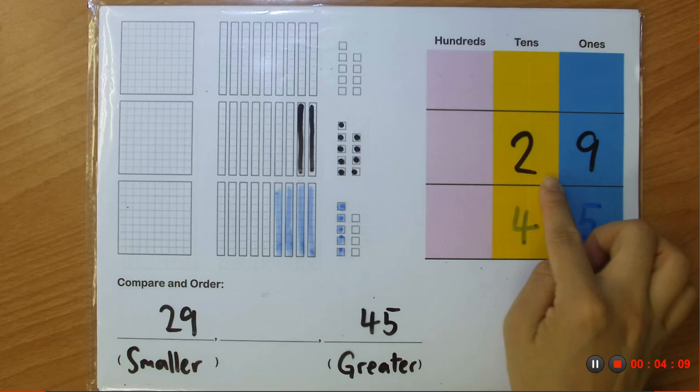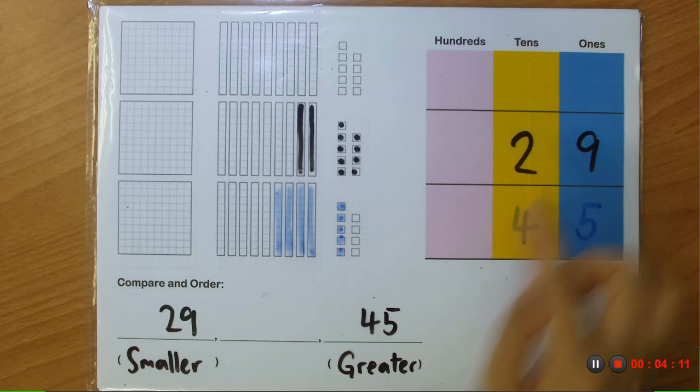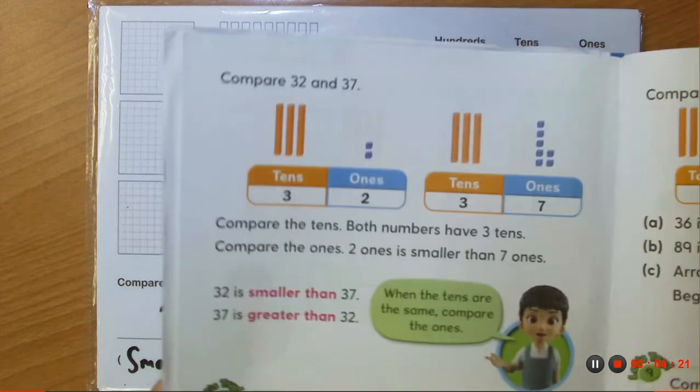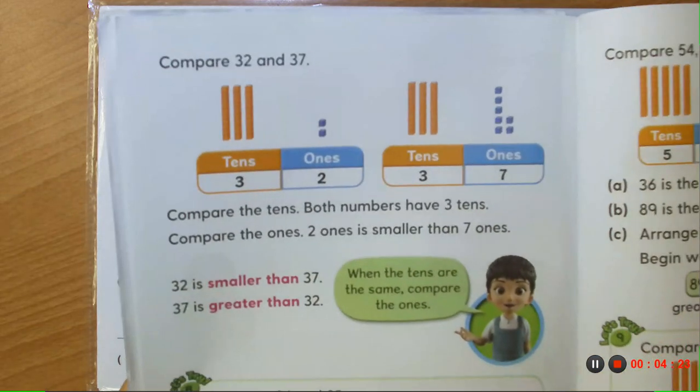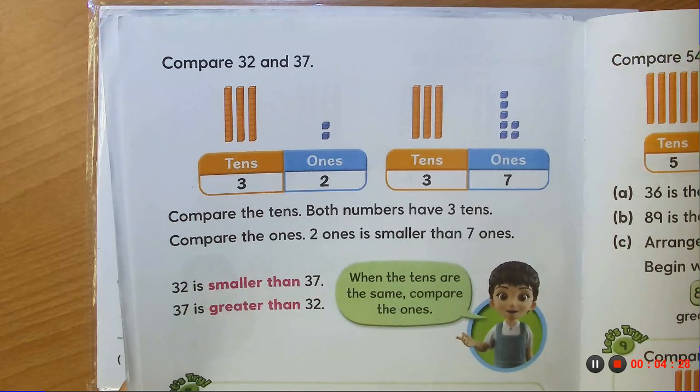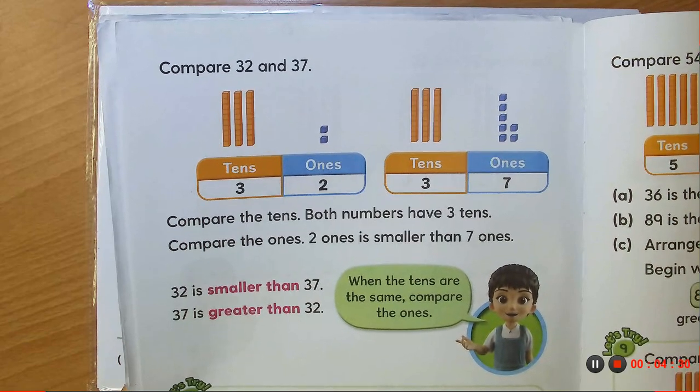Okay? Now, let's look at another example. Let's take a look at our textbook here. One more example. Say these two numbers on page 134. Comparing the numbers 32 and 37.